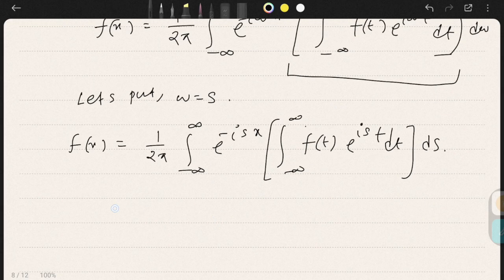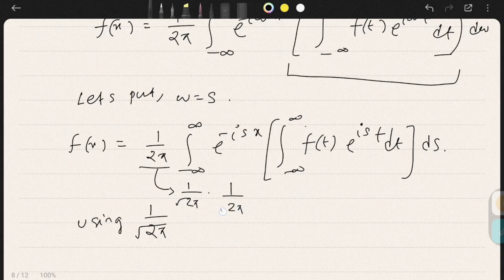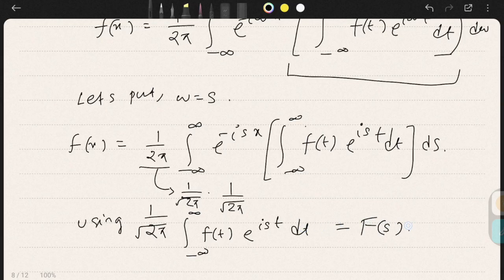So now using this, we can write this term as 1 by root pi into 1 by root over 2 pi. So using minus infinity to infinity f(t) e to the power ist dt as F(s) in the above equation here.